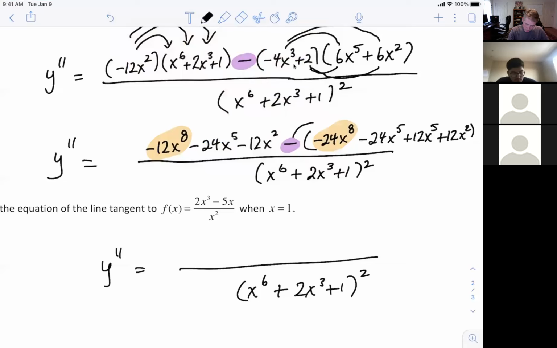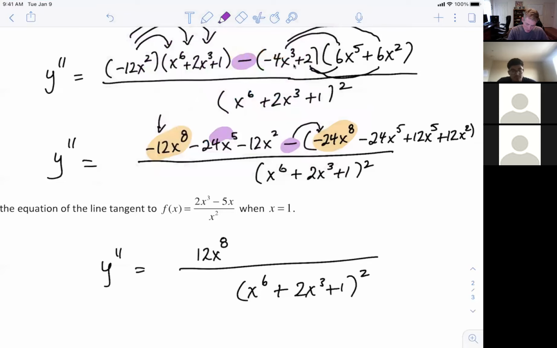Well, because of these two negatives, that's actually going to be a positive 24x to the 8. And 24x to the 8 and then minus 12 will be positive 12x to the 8.